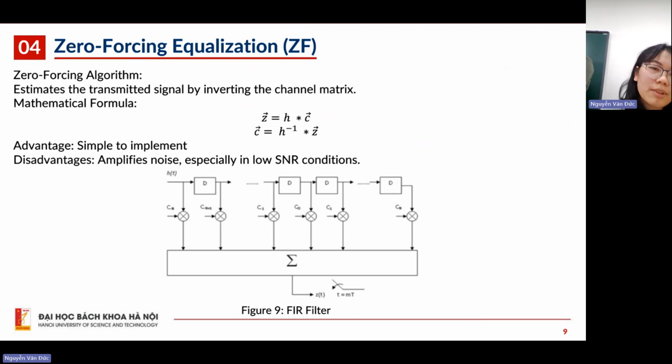The advantage of this method is that it is really simple to implement, because we only have to find the inverse of the impulse response. But the disadvantage of this algorithm is that it can amplify noise, especially in low SNR conditions.